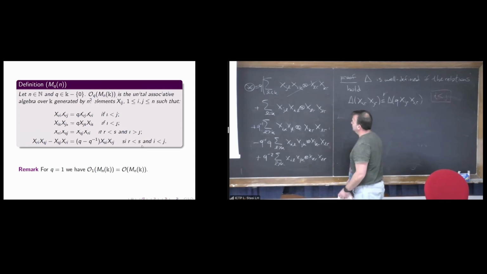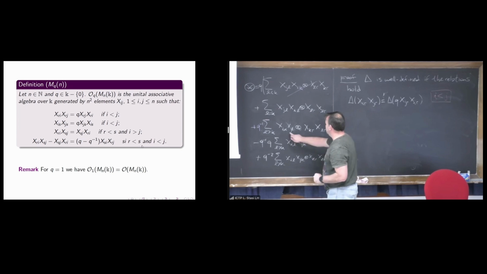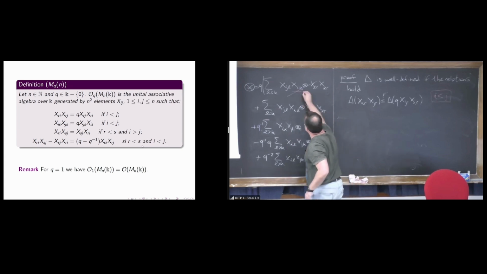Now we see that this term is equal to this term. It's not equal to this term, this one. This one is equal to this one. We have XIK, XIK, XJL, XJL.